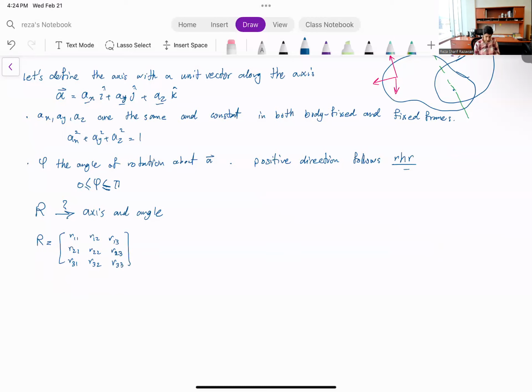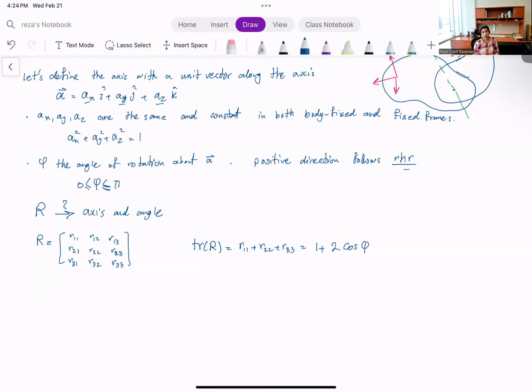If I have this, I can take it without proof that the trace of R, which is the summation of all elements along the major diagonal, that is R11 plus R22 plus R33, is equal to 1 plus 2 cosine of phi.